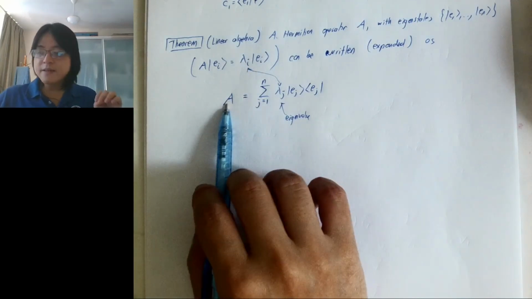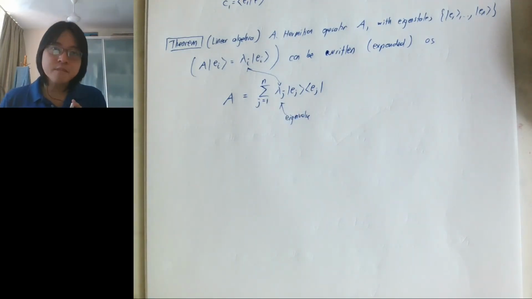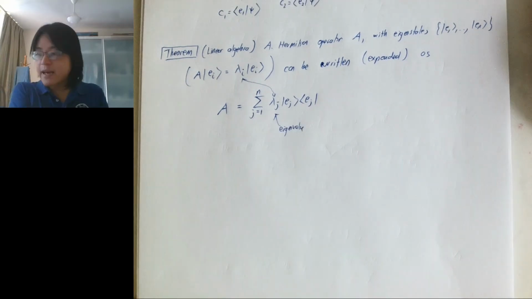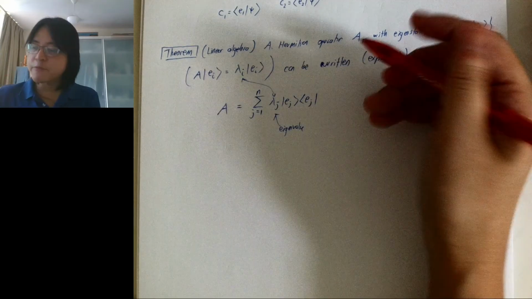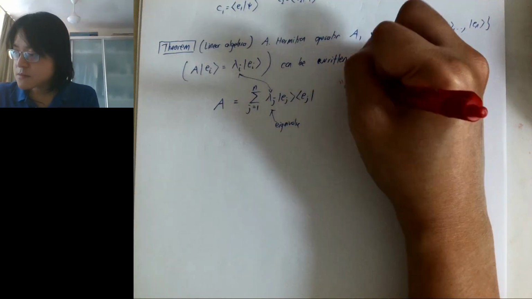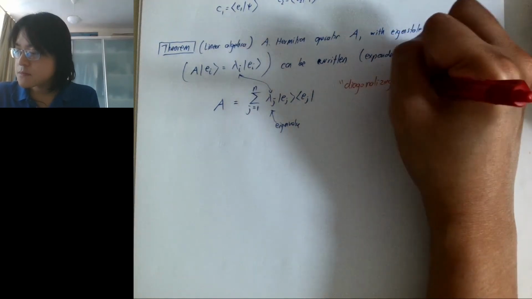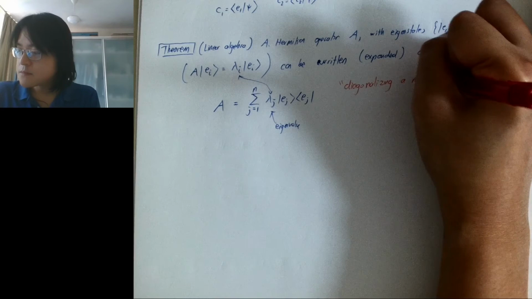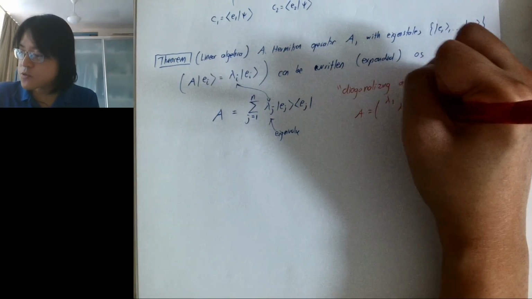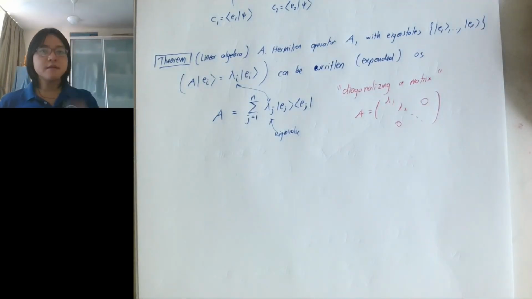Everything can be expanded and written like this. And you definitely learned this in linear algebra: diagonalizing a matrix. So A is going to become lambda 1, lambda 2, and then the others are 0.